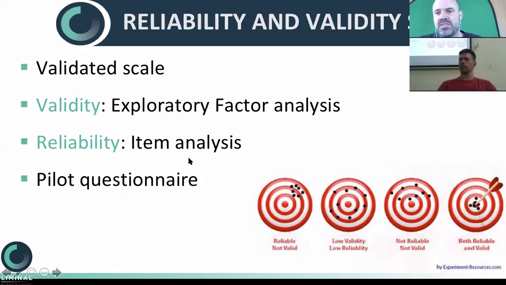If it's possible, the best way to go about it would be to do validity with one study, and then the next study just uses it. But usually people don't do that. So if you go for a pilot with 50 people, that's fine, as long as it's not part of the population that you're targeting.